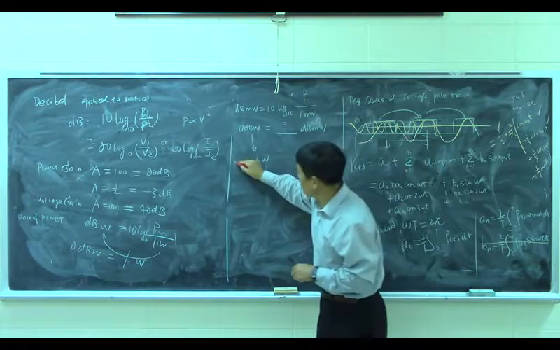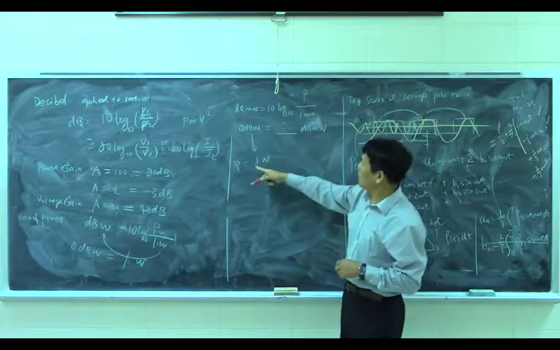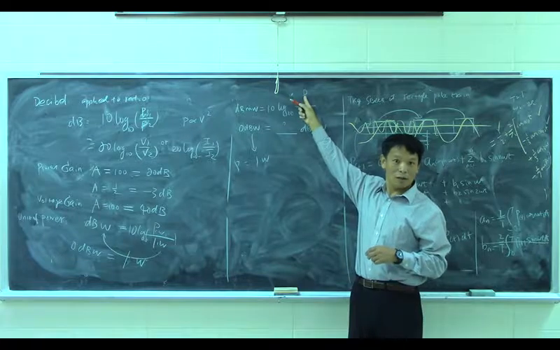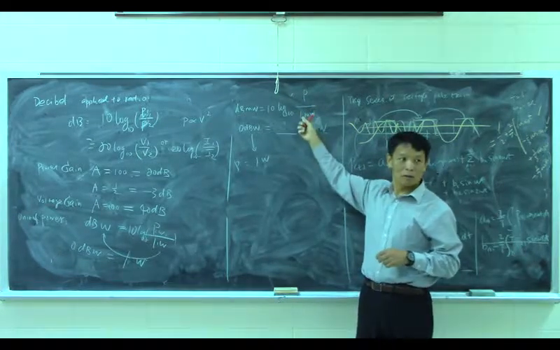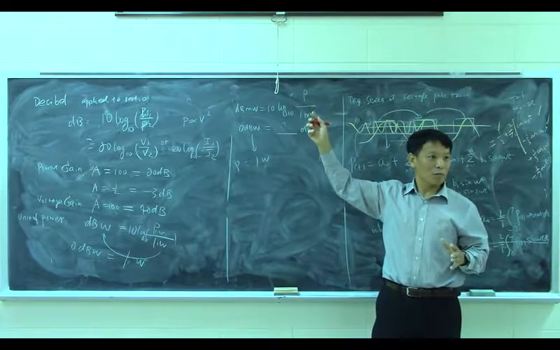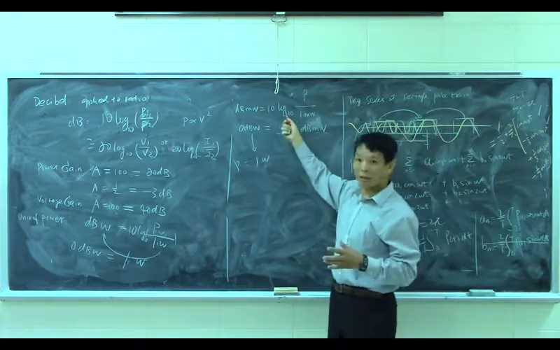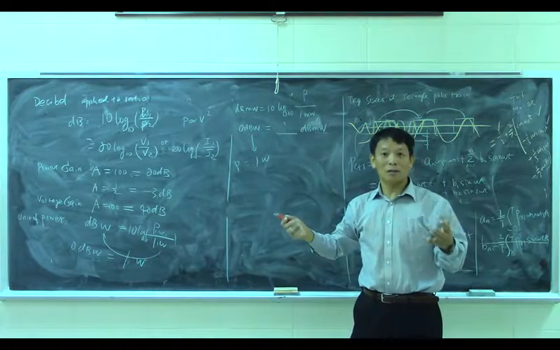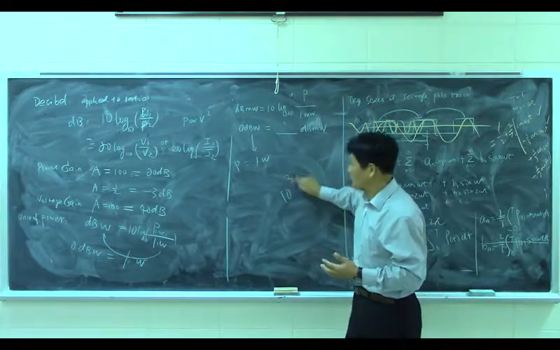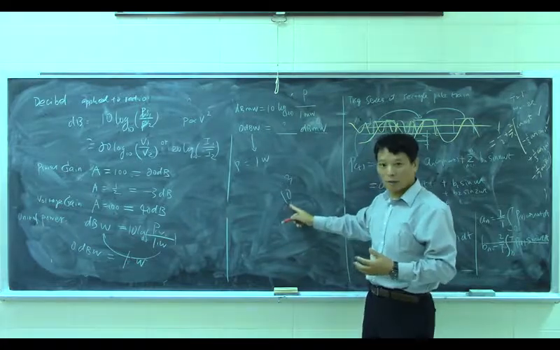So this power P equals 1 watt. We plug this P in here. So 1 watt divided by 1 milliwatt. What's that ratio? 1,000. You take the log of base 10, and 1,000 means 10 to the 3, so you get 3.